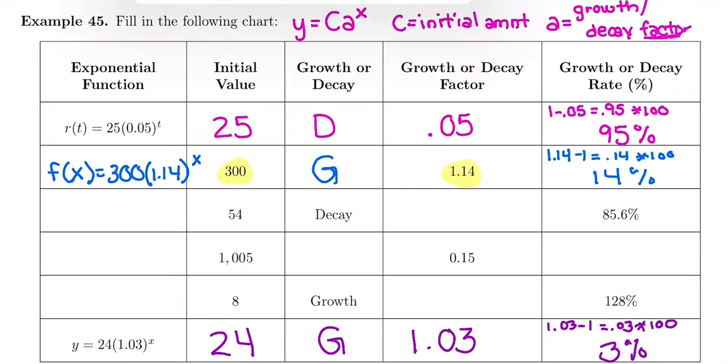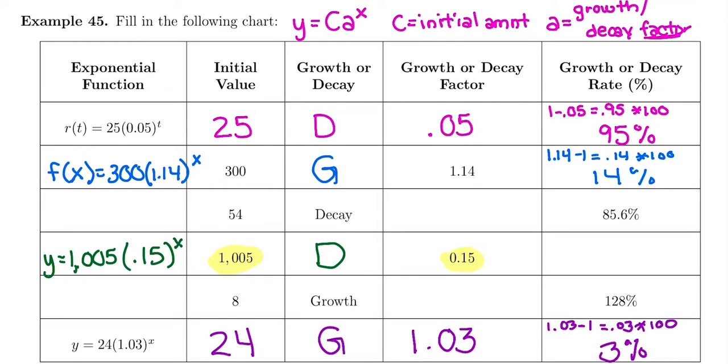If we look at the other one that's set up similar to that, we're given our two numbers here to start. We have 1,005 and 0.15. And so we can write a function out of that. We can call it f of x, or y is 1,005 for the initial times 0.15 to the x. So since our factor is 0.15, is that growth or is that decay? It must be decay, since it's between 0 and 1.